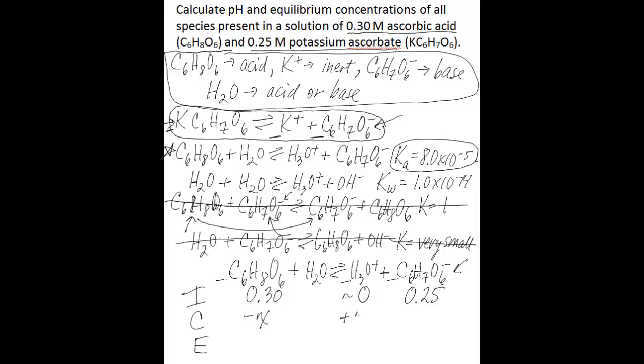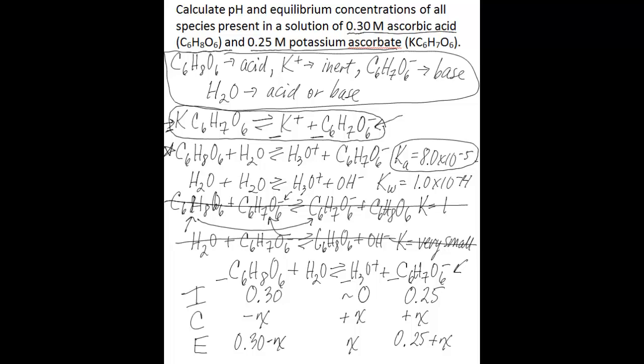So on the product side of the change row, we'll have plus X and plus X for the concentration change of the products. And now we can write the equilibrium concentrations in terms of X. We have 0.30 minus X for ascorbic acid, X for the hydronium ion, and 0.25 plus X for the ascorbate anion.